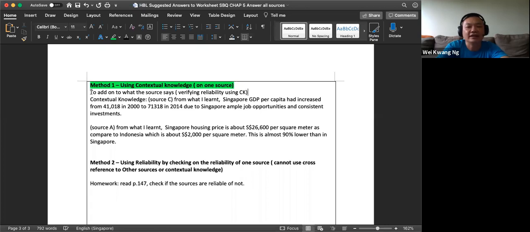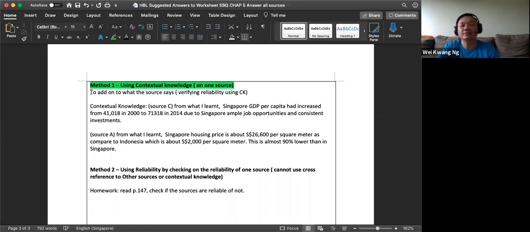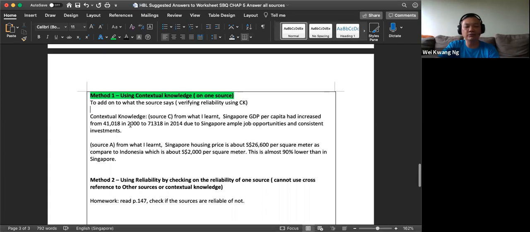That is the approach for method number 1. So this is how you can do it. After you have written down source C, I agree with what source C says, or I agree because source C supports, then after you take out the evidence, you can say, and from what I have learned from my textbook, this is what happened.